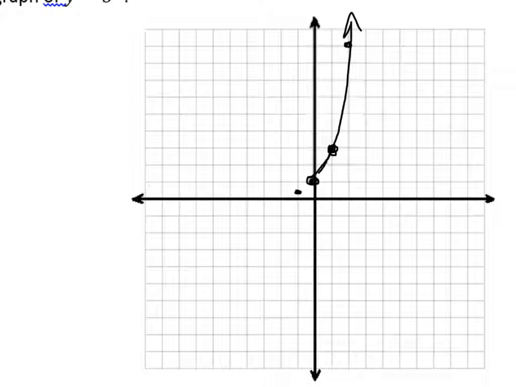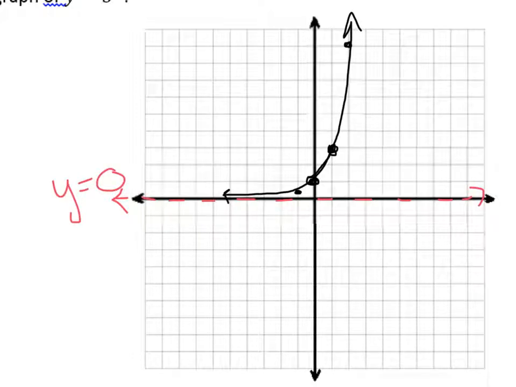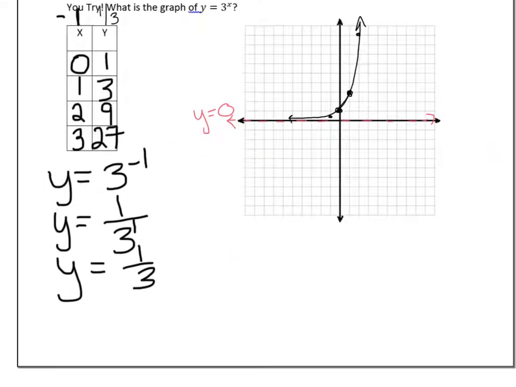That helps remind you that it's going to get closer and closer to 0, but never quite reach it. So hopefully, if you didn't, make sure you fill it in now. You also drew the asymptote. Again, we call this line y equals 0. And there's the graph of your second exponential function.